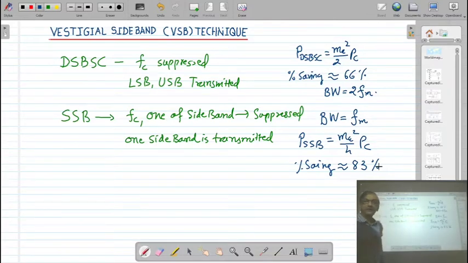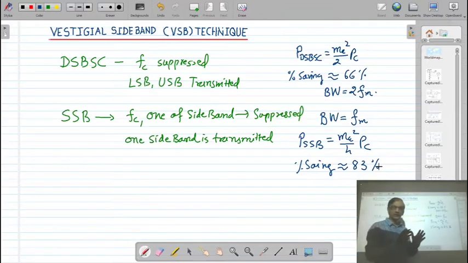But here we have a practical difficulty in the SSB, that for a single sideband transmission, you require a very high quality filter, because you have to filter out the carrier frequency as well as the sideband frequency which is unwanted.